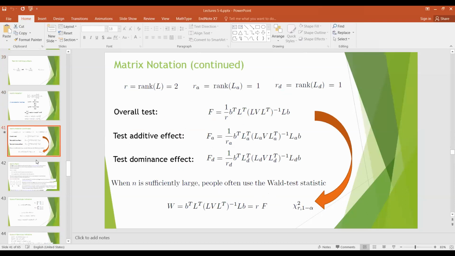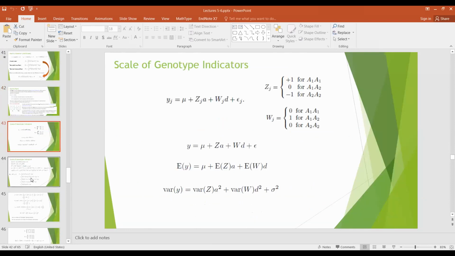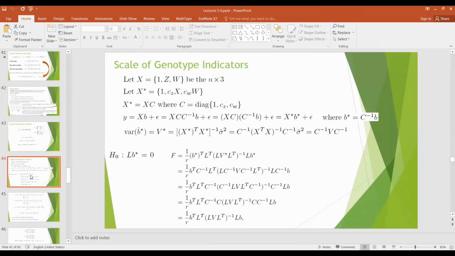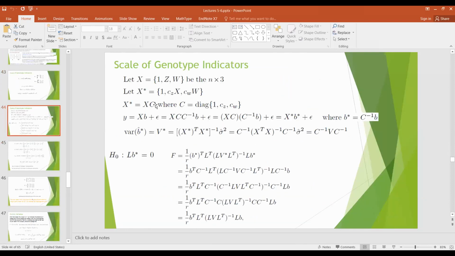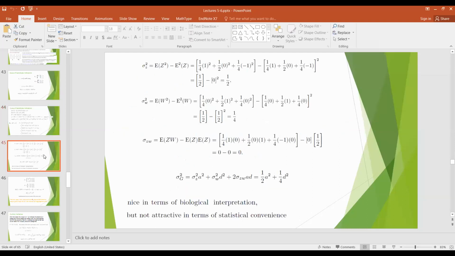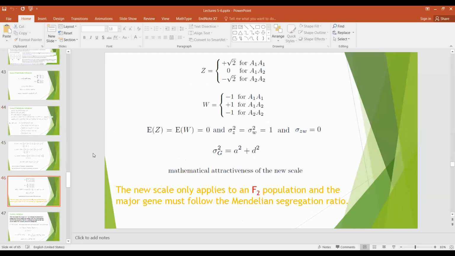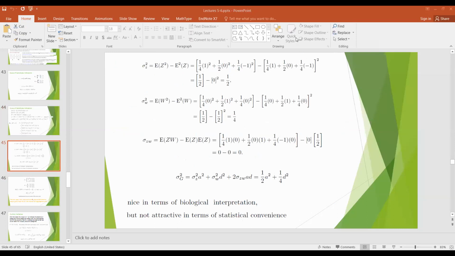Okay, so we talked about different ways to set up this linear model, right? By using linear combinations, we can easily change the scale of the data to facilitate our calculation. For example, this is the traditional way we do this.